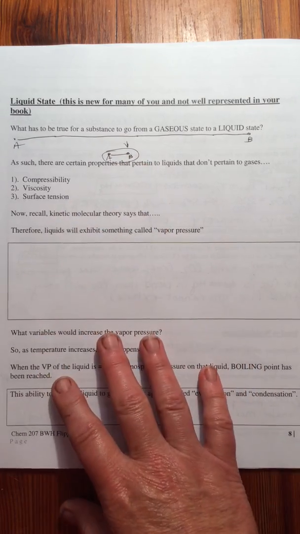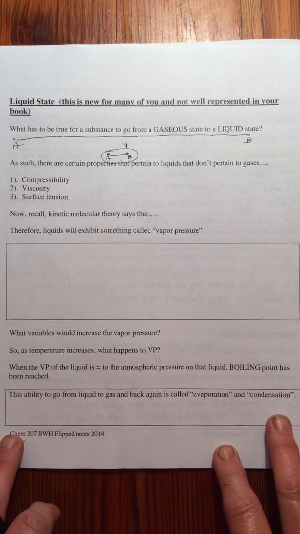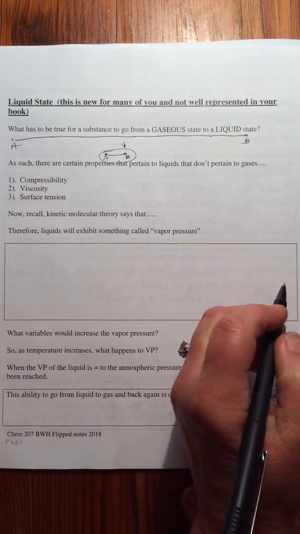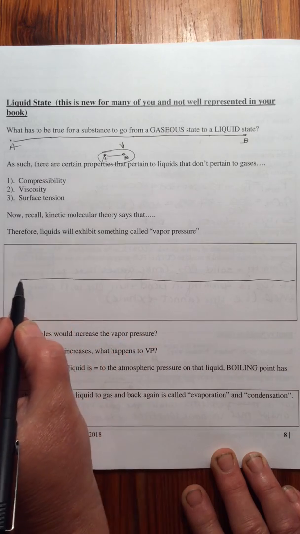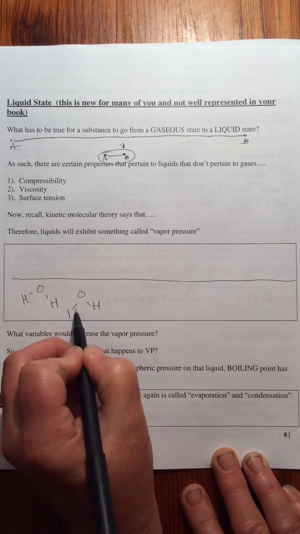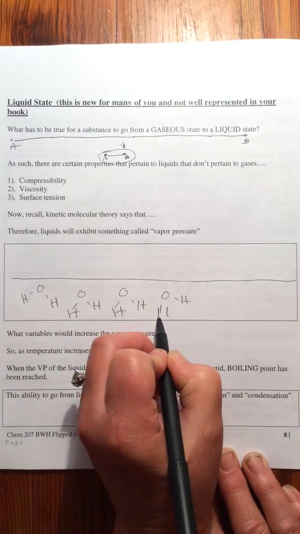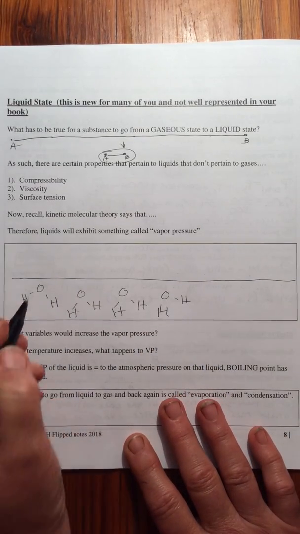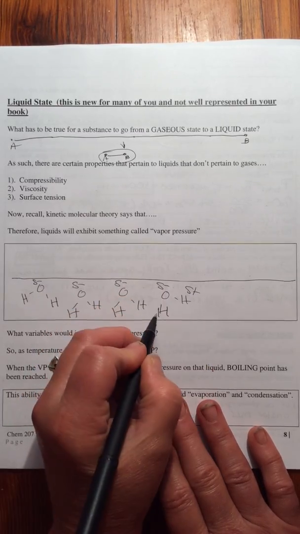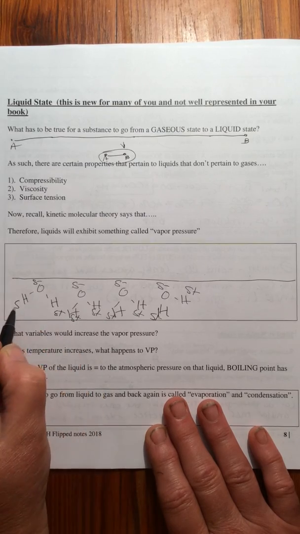Now, kinetic molecular theory says that molecules move. And so that means that liquids will exhibit something called vapor pressure. Okay, so if I have, say, some water, all right, so water is going to look like this. And you should recall from VSEPR theory that water is going to be bent, and you should also recall that it's going to be polar. Okay, so here's your water.